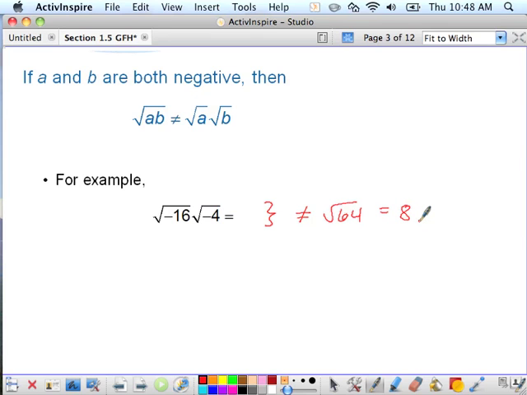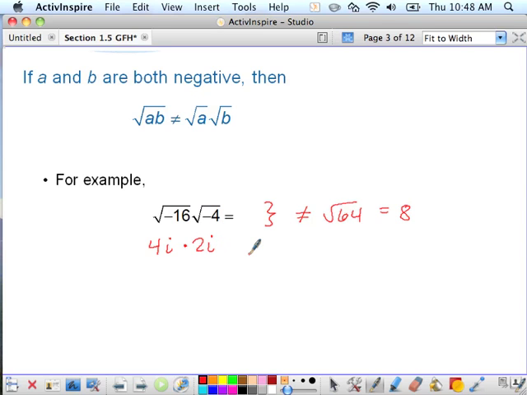When you have two radicals multiplied together and they're negatives, you need to take the negatives out before you do anything else. So instead of going further right now, you need to say that the square root of -16 is i square root of 16, which is 4i. And the square root of -4 is 2i.